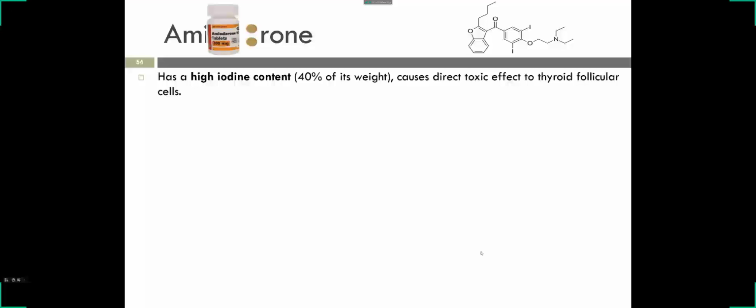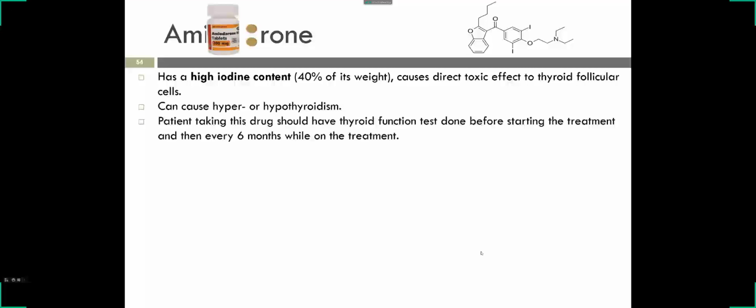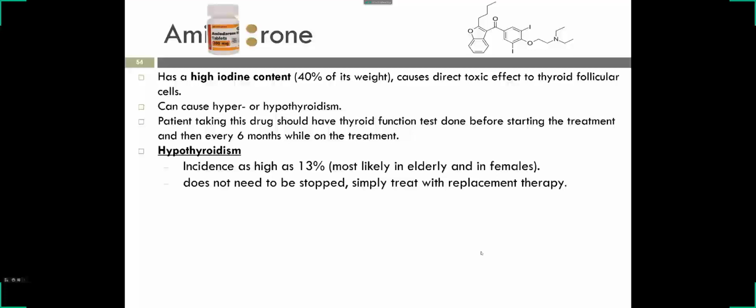So apparently, interestingly, amiodarone has a high iodine content, which causes direct toxic effects to the thyroid follicular cells. It can cause hyper or hypothyroidism, and the patient taking the drug should have a thyroid function test before starting the treatment. And then if the treatment is continued, have that test monitored every 6 months.